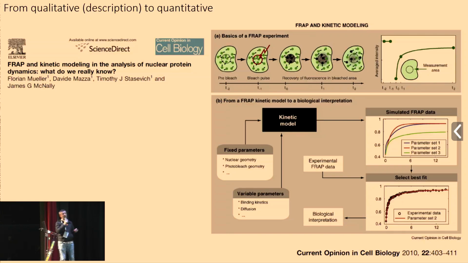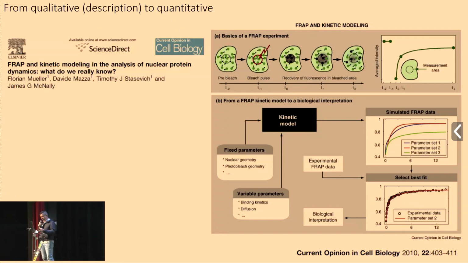So you make an analytical model, and you use this analytical model to fit the experimental curve that you have previously recorded within cells. And the idea is that depending on the parameter set or depending on the model, your fit will be better or not, and you will decide what is the best fit and what is the best model.